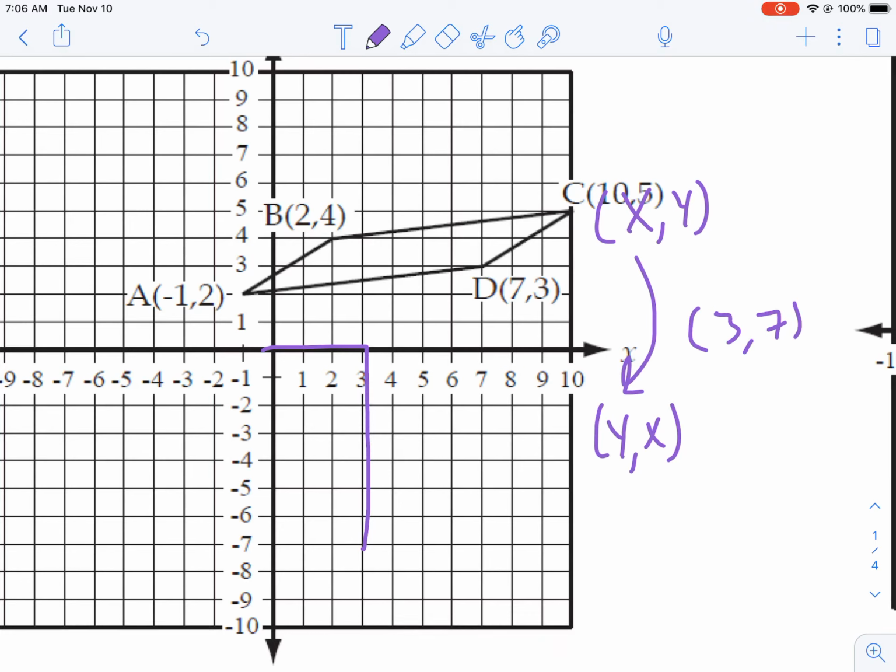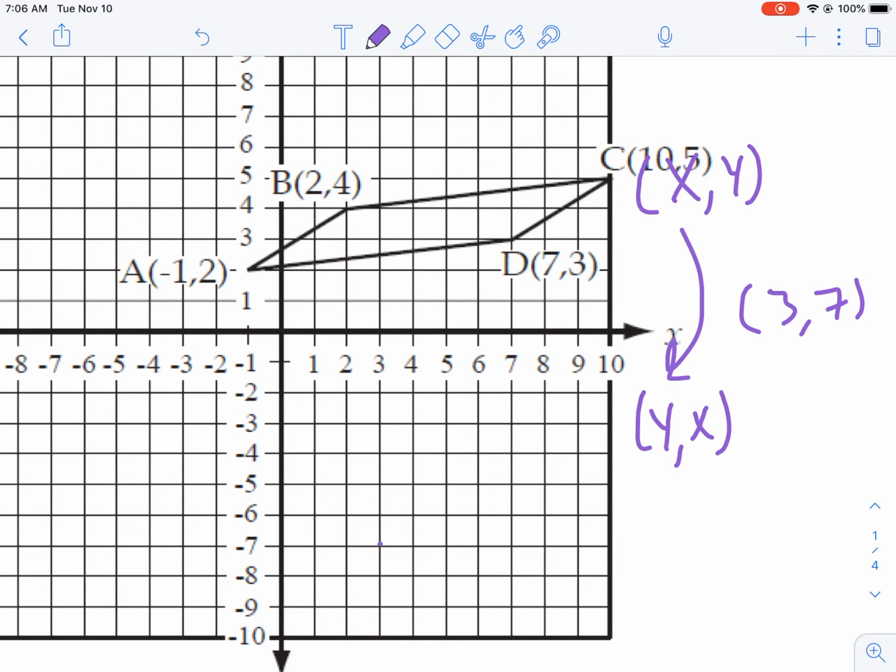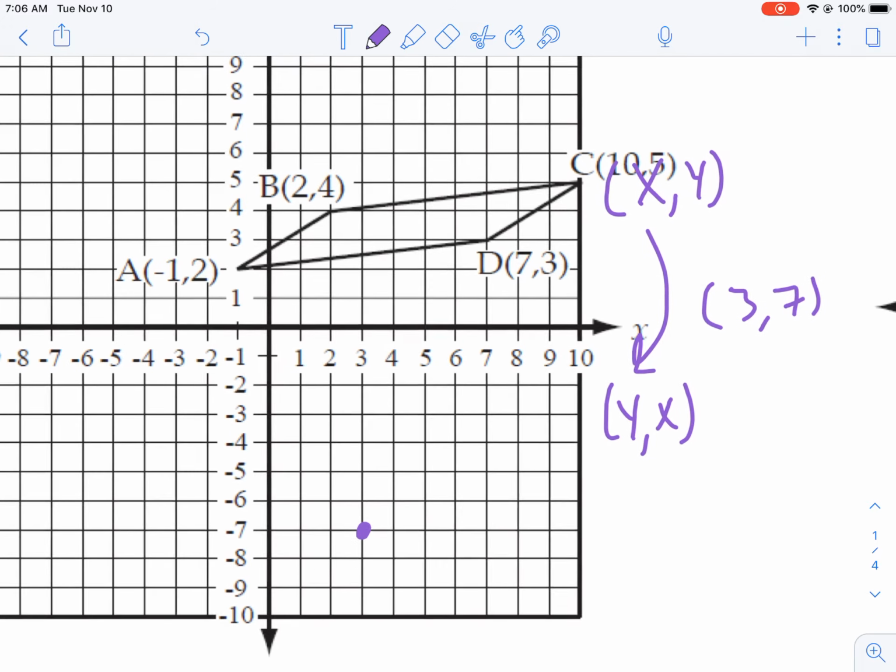The fact that it's positive 7, we're not going up, because that's going to take us up here. We know we're not rotating up there. We're rotating down here. So we're just counting 3 in this direction and 7 in this direction. So we do that, and we get 3, 7, that point right there.